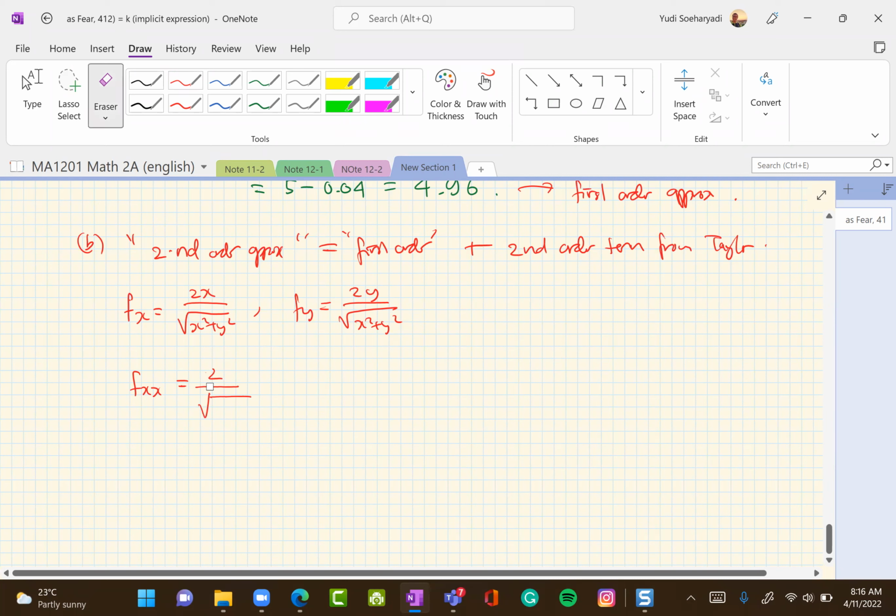Sorry. That's this one minus 2x times derivative of this, which is another 2x.